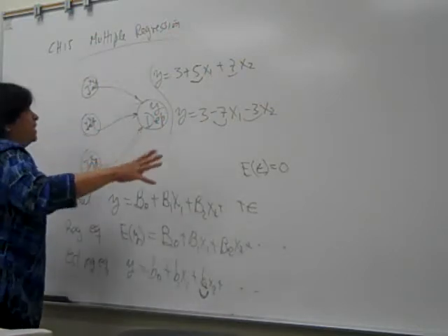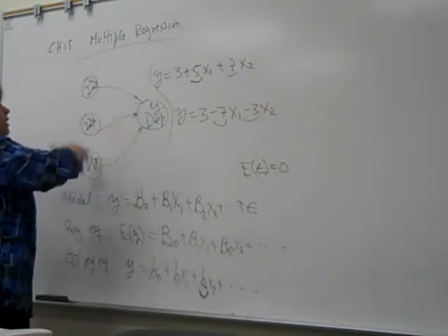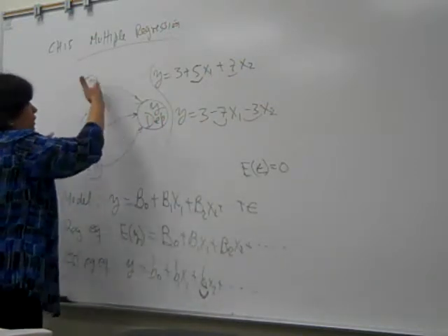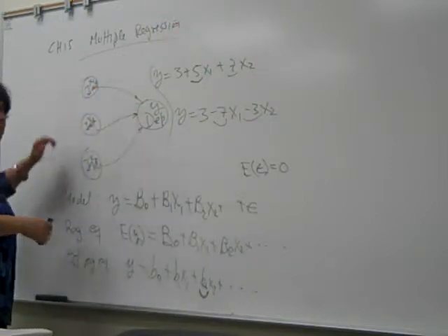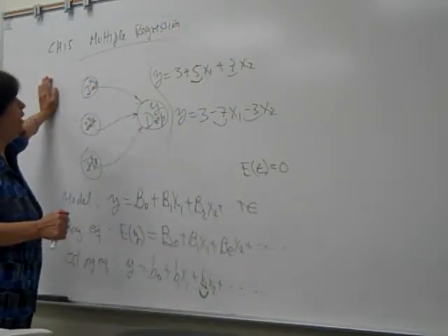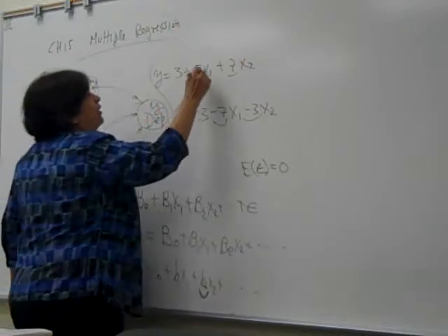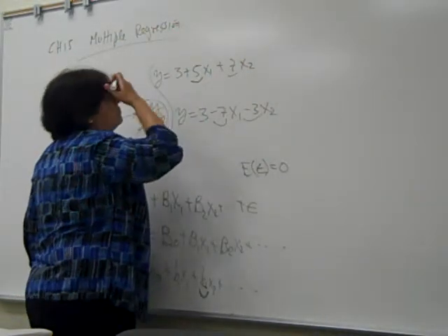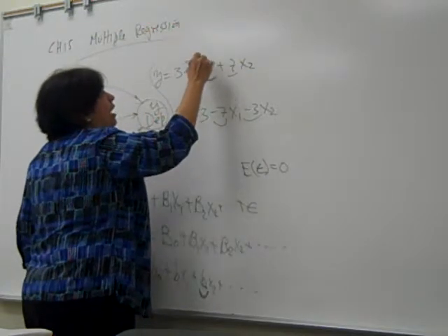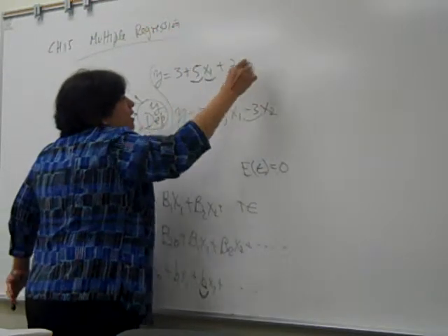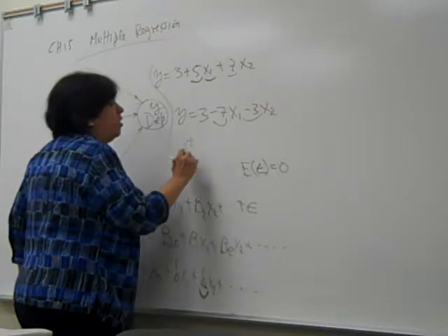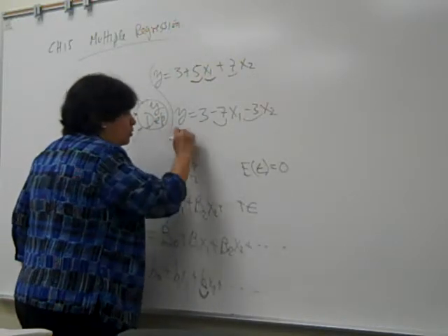So this is it. Multiple regression is nothing but simple regression, but with more than one independent variable. And it's again linear regression because my x are really x1, x2. They are not x1 squared or x1 cubed or something like that.